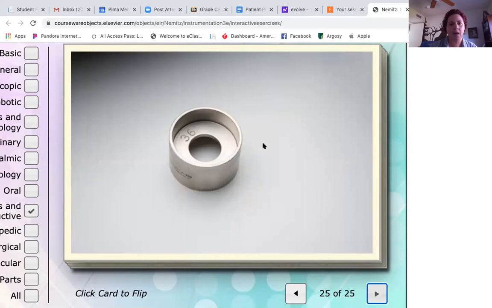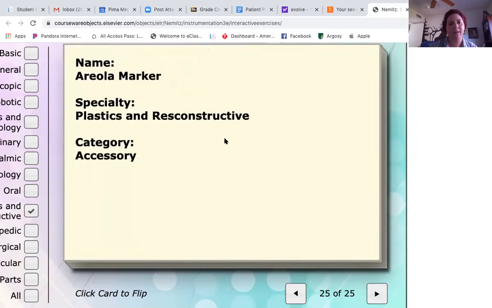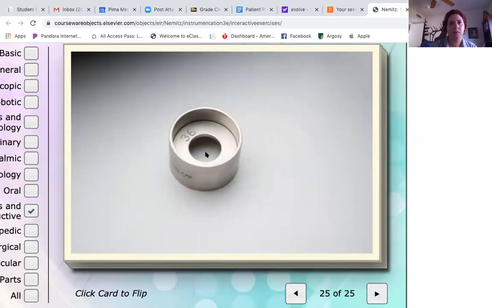And then last but not least, this is called the areola marker. Again, kind of a similar purpose as the keyhole, but this allows the surgeon to determine, and these come in different sizes. So you'll have a variety of them, unless your surgeon just always uses the same size.